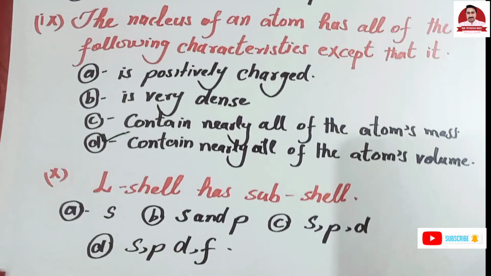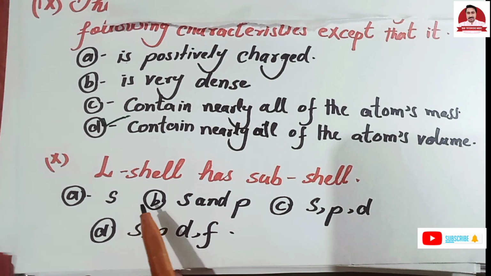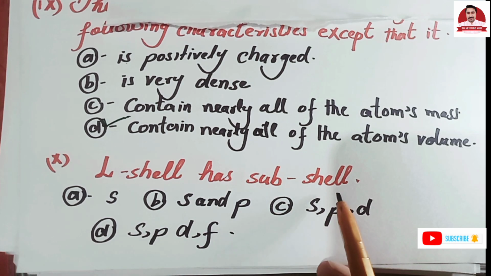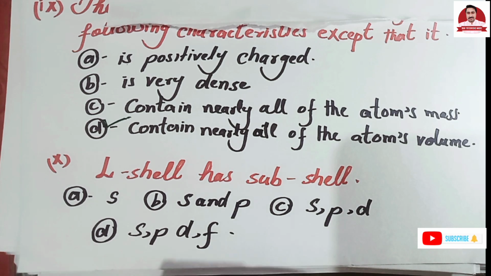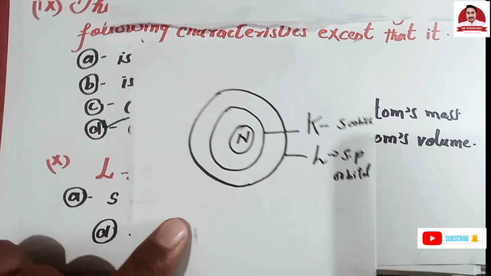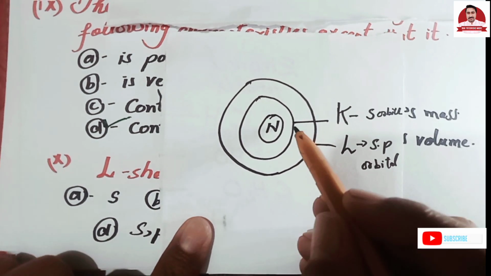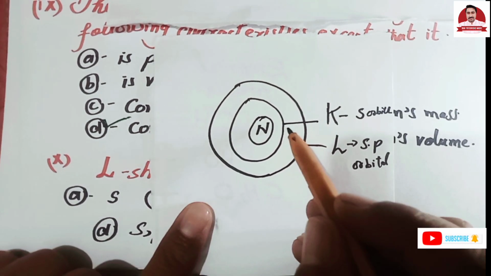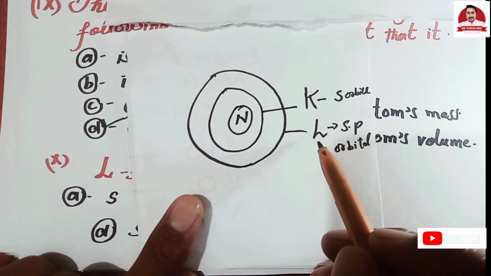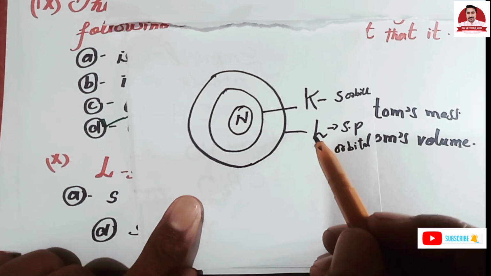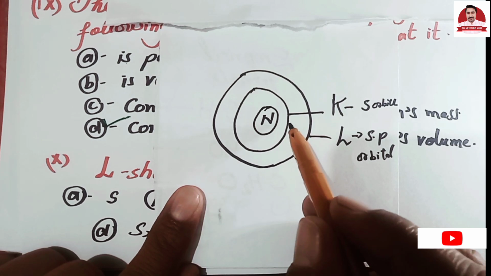Next, the L shell has how many subshells? As we know, the shells are indicated by alphabets: the first shell is denoted by K and the second shell is denoted by L, and the number of orbitals or subshells corresponds to the shell number.